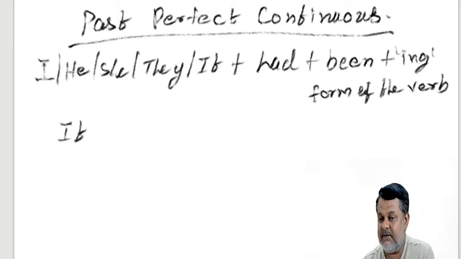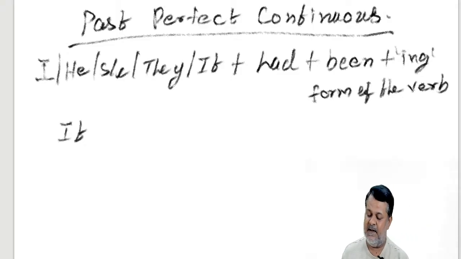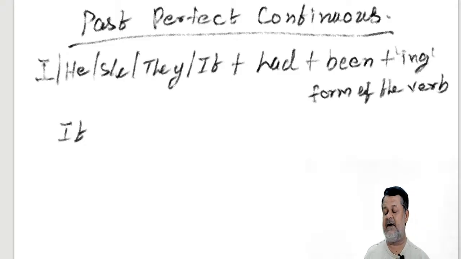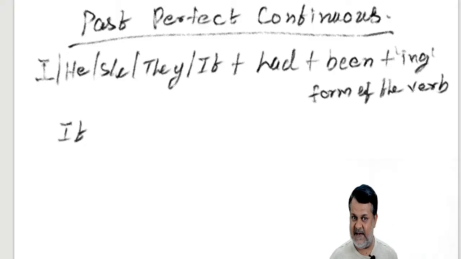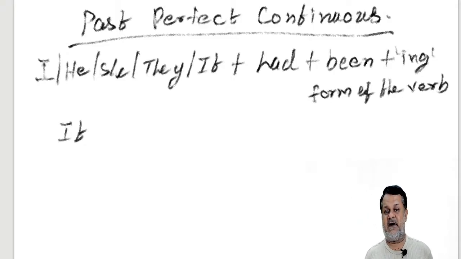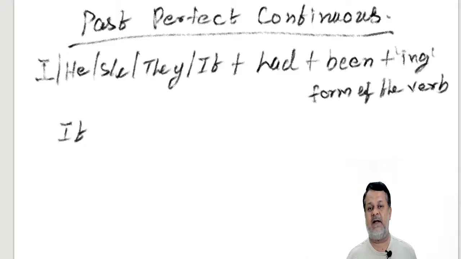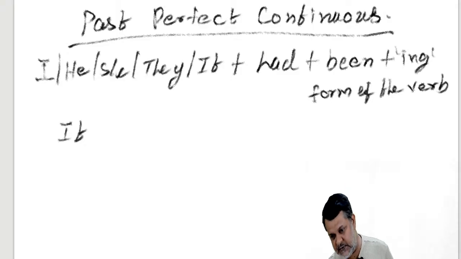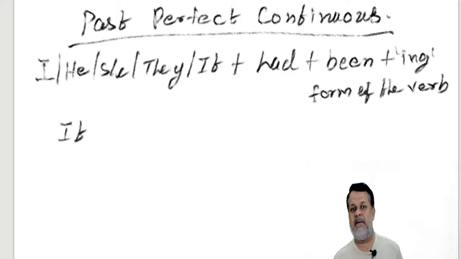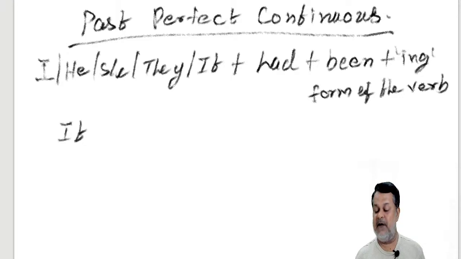And then we will talk about the difference between the present perfect continuous and the past perfect continuous. Present perfect continuous talks about an action which started in the past but it is continuing now. Past perfect continuous talks about an action that started in the past and that also ended in the past, but we will be specifying the time duration.